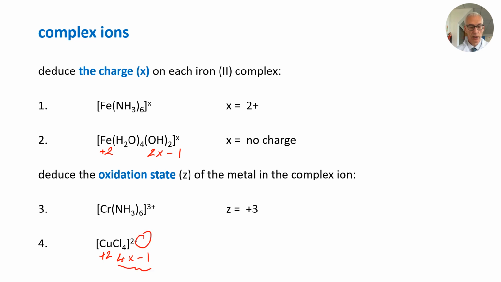So that comes to -4, or 4-. So +2, 4- comes to -2. So the copper must have an oxidation state of +2: +2 for the copper, 4 times -1 for each chloride ion comes to 2- overall.